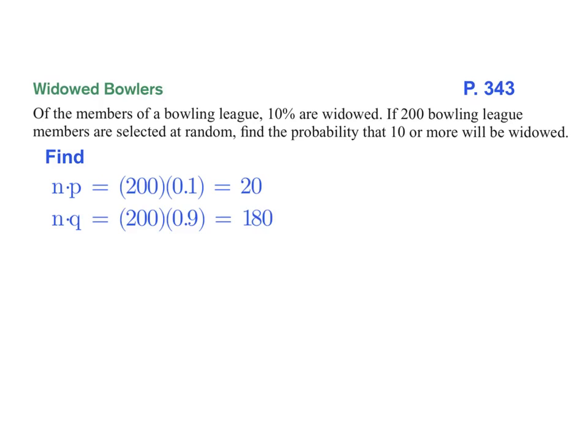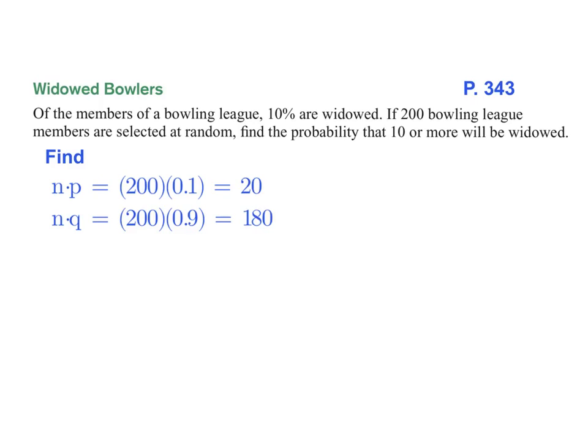So that's 180. So again, that is also greater than or equal to 5. So I can use a normal approximation. I have enough trials. I have enough of a probability when multiplied by those trials. So I've demonstrated that both np is greater than or equal to 5 and nq is greater than or equal to 5. So I can keep going now.